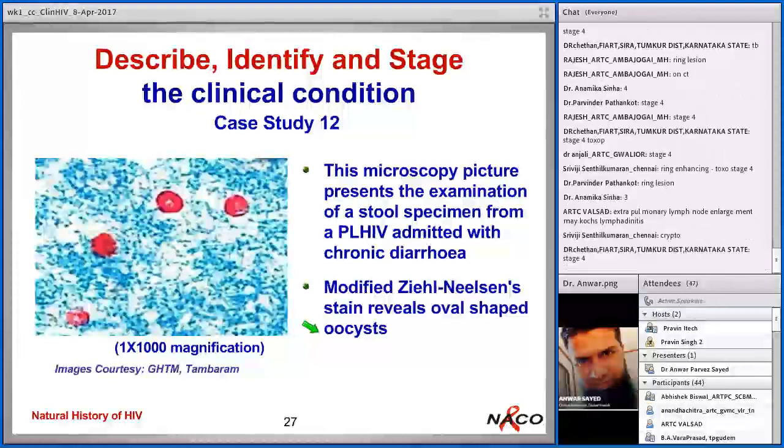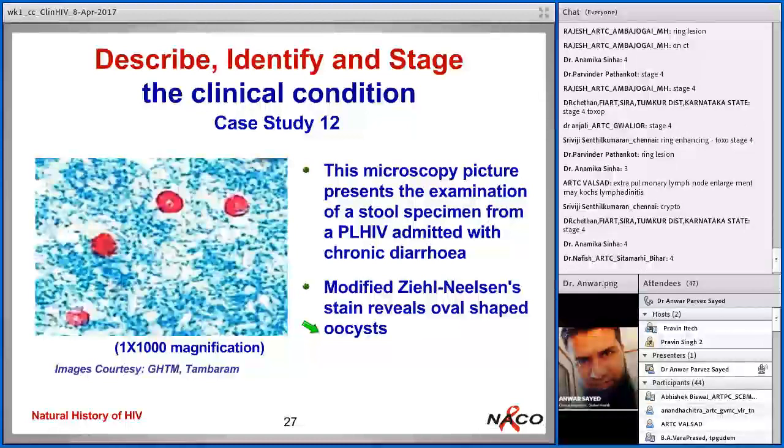This is a CT scan picture where you can see a ring enhancing lesion. If it is suppose toxoplasma or tuberculoma, there can be multiple differentials of this. Again, it will form stage 4.